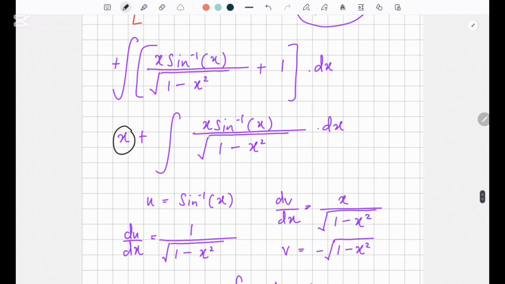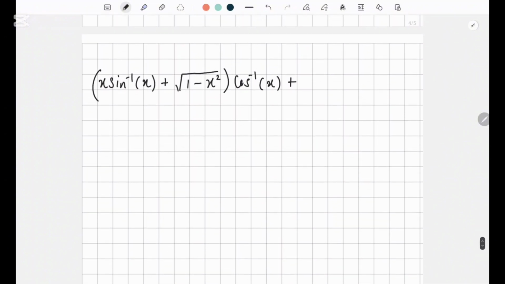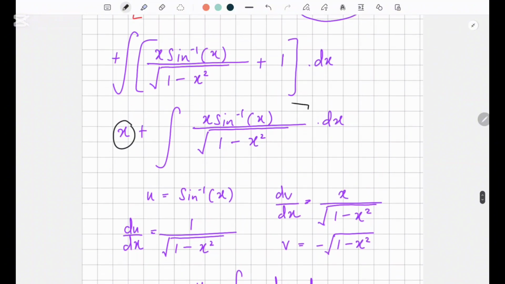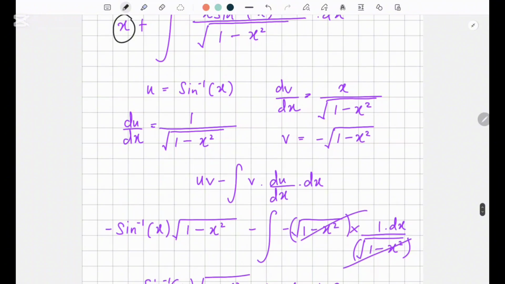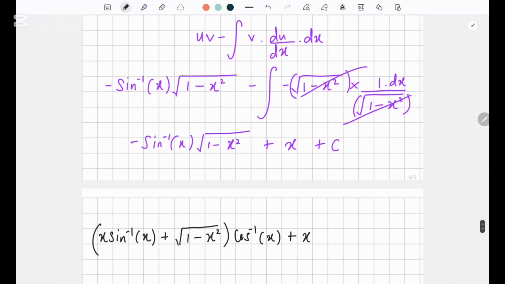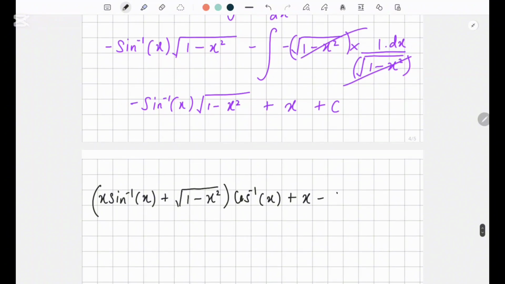So we had x plus x plus the integration of this part, which we just did previously. And the integration for this we found: minus sine inverse x root 1 minus x squared plus x plus c, right?